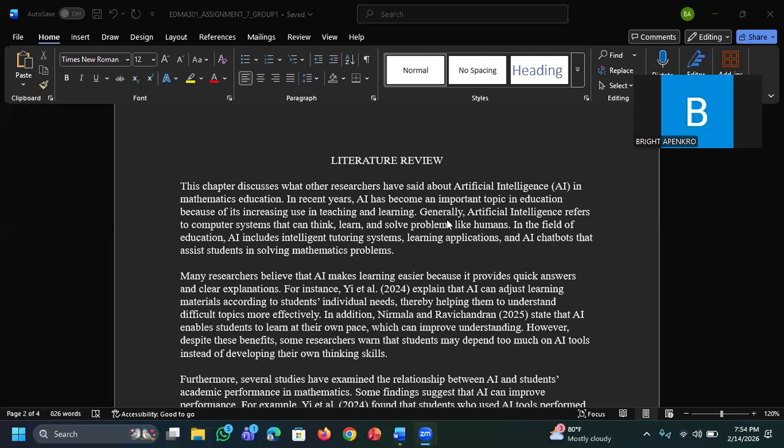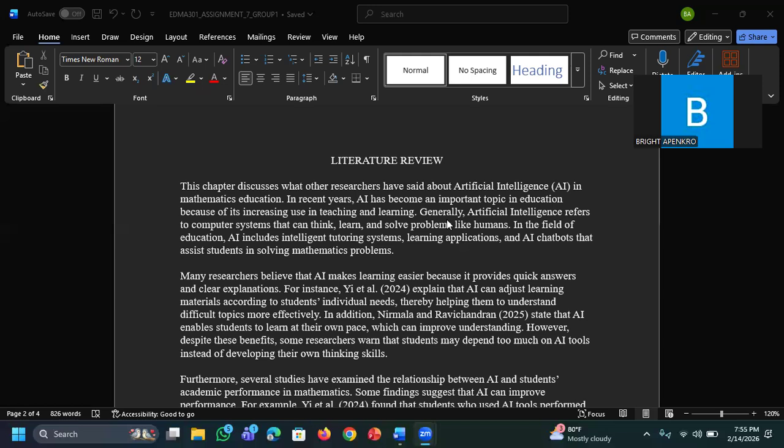Now, when we say literature review, what do we mean? We are saying that before you come out with an article, you must at least look at what others have written about the research problem you want to talk about. So in view of that, you have to look at what renowned authors have said about that particular problem that you want to research.